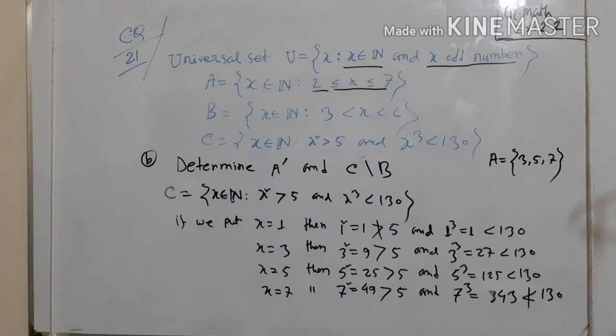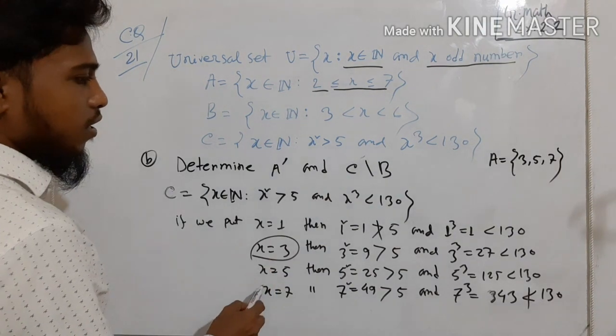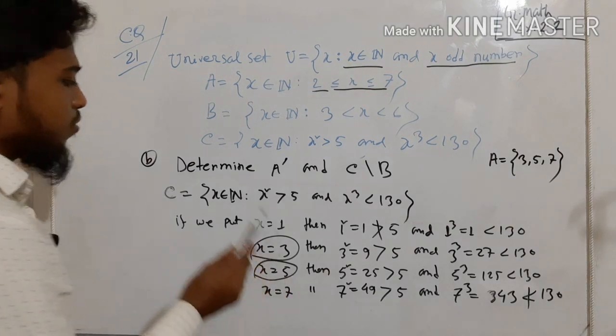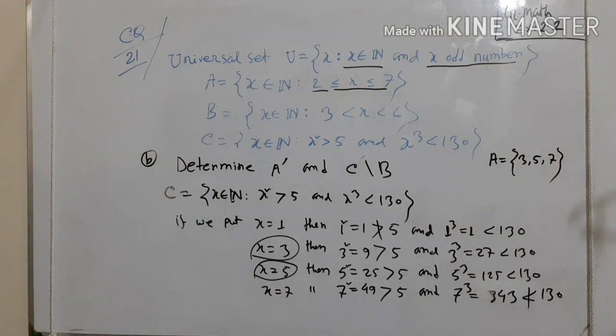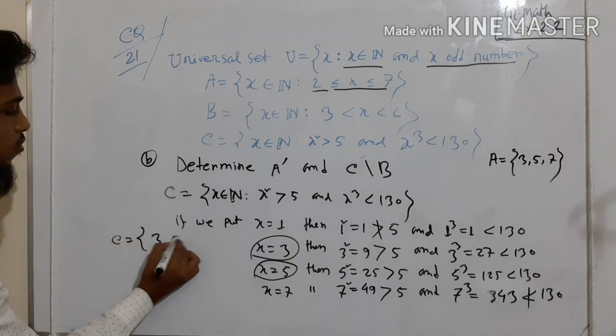So we see that if x equal to 3 and x equal to 5, then the condition will be satisfied. So our C set equal to {3, 5}.